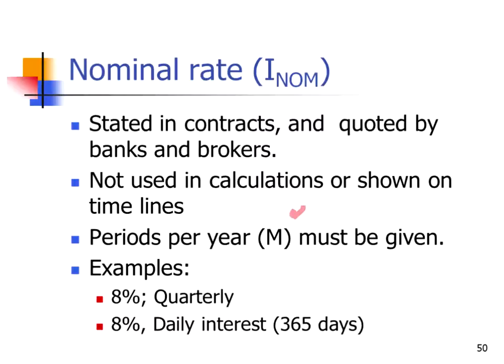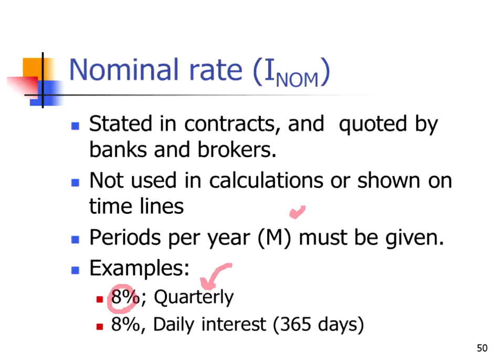So periods per year, M, must be given. Examples, 8% quarterly. So 8% is nominal, but once you take into the effect of the quarterly, then your actual or effective rate will change. Why?